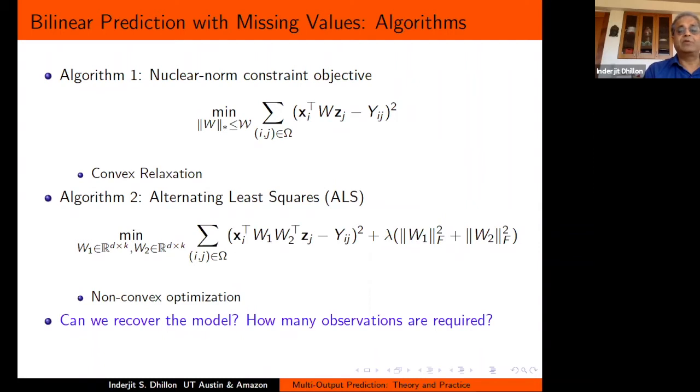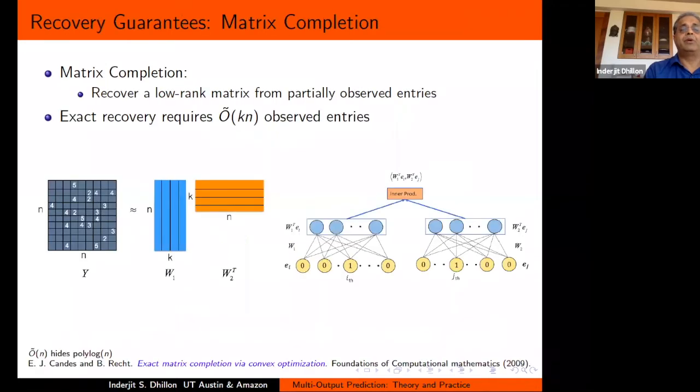And then one of the questions is, well, what can you actually say about the theory behind these methods? Since I told you that these methods were motivated by the matrix completion literature, let's review that literature a little bit. In the matrix completion literature, there's only a target or output matrix.